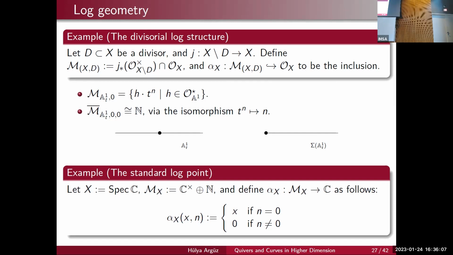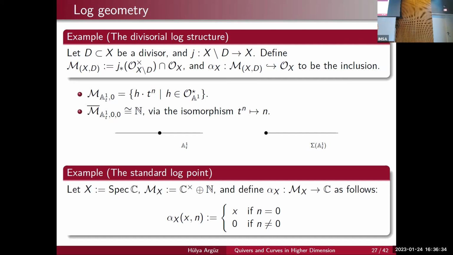And if you consider a toric variety generally, and take D to be the toric boundary divisor, the tropicalization will be the toric fan. Once you have log structures on a scheme, you can pull them back. You can pull the log structure on A^1 back to the origin, and you will obtain a log structure on a point. It's called the standard log point.